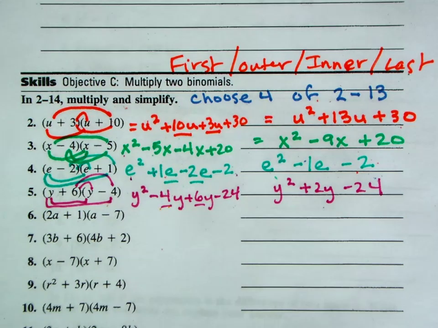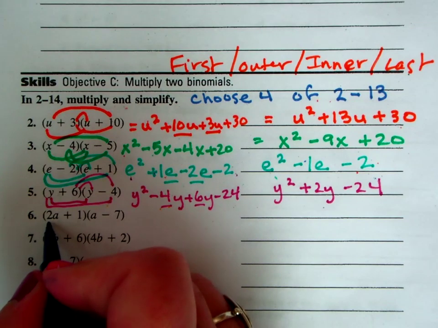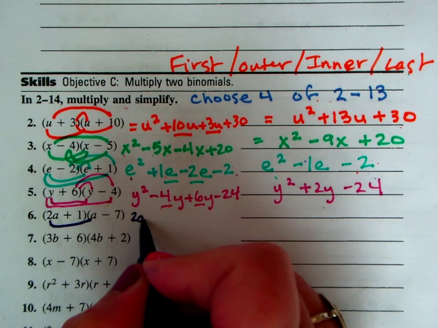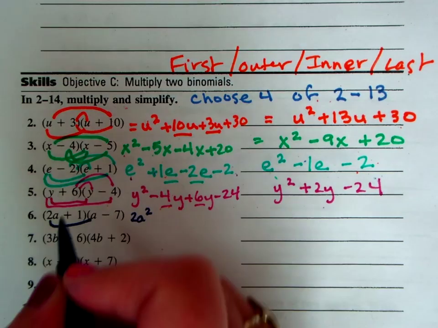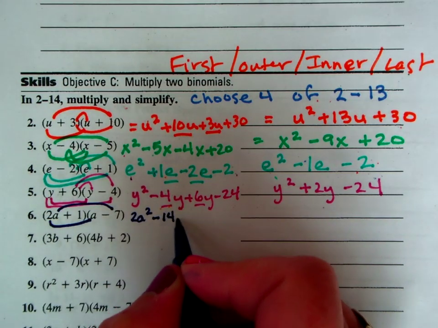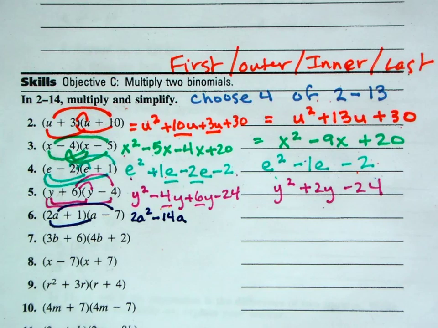Okay, now on this next problem, the only difference is I now have a 2a, so I have to multiply everything that I multiply by that problem by 2. So 2a times a is 2a squared. Okay, when I do outer, 2a times negative 7 is minus 14a, because 2 times 7 is 14.